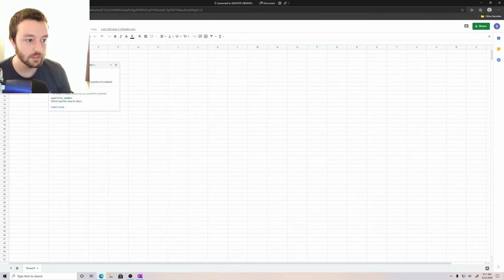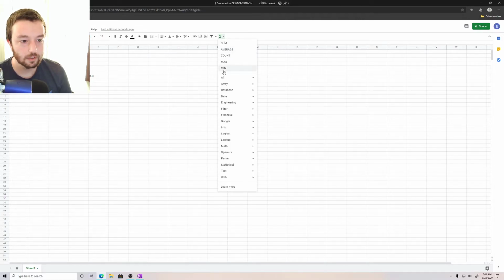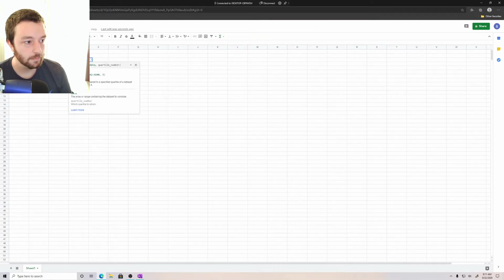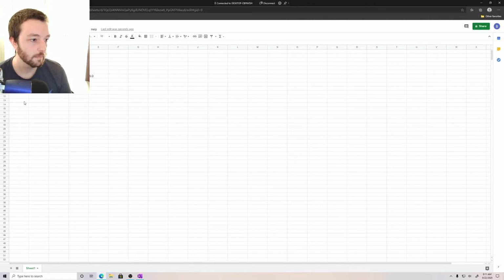Okay. And then it gives you an example. So we'll just do 1, and it'll return 55.5. So by default, if you just press quartile, it gives you the included version. If you want the excluded one, which is what our book is doing, you just do quartile excluded, comma, 1. Okay.